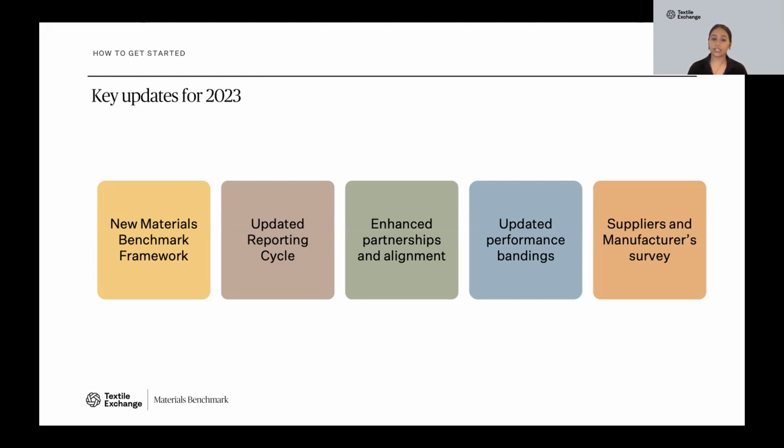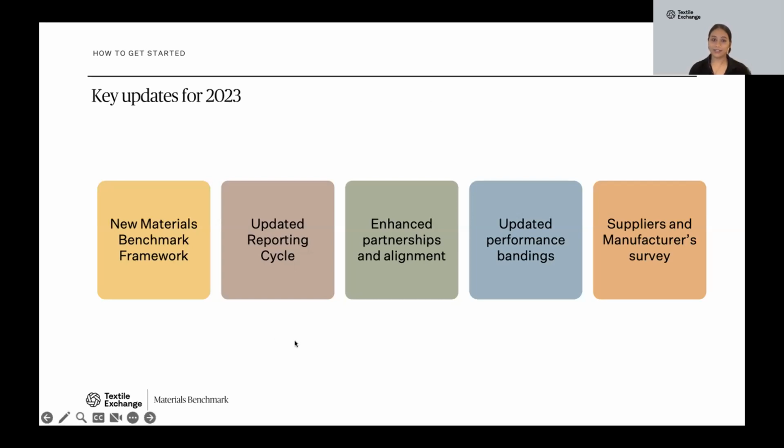Also, the questions that were less applicable in the context of suppliers before have been removed or now have the option to select not applicable. Also, in 2023, the materials benchmark scoring methodology will be fully applied to the suppliers and manufacturers program, which means comprehensive scorecards being generated for them.